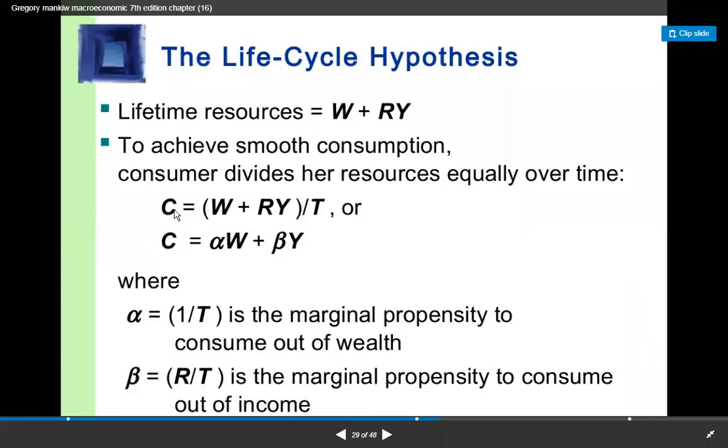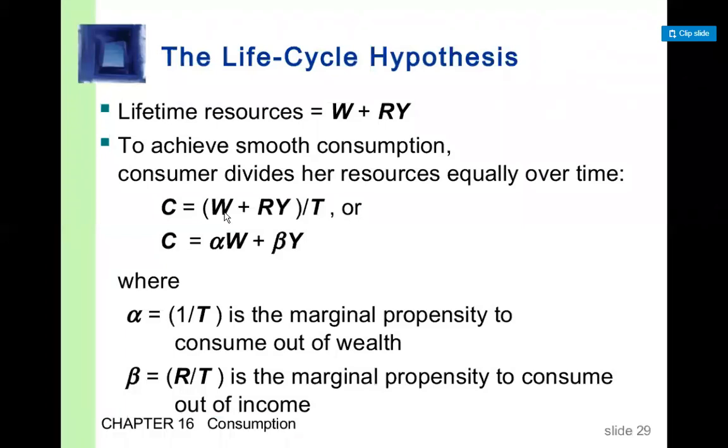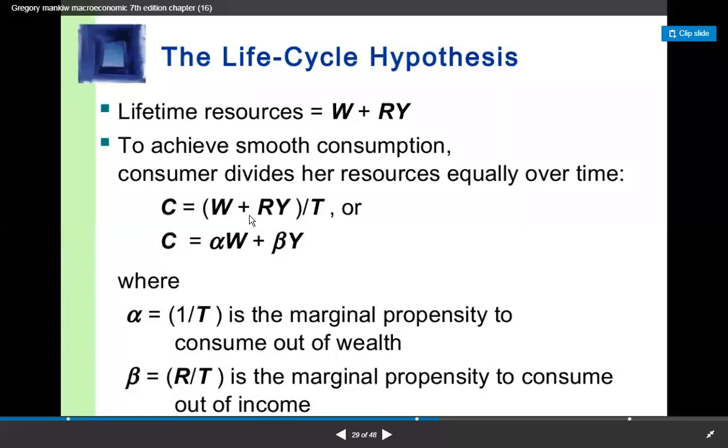So the smooth consumption level is equal to all resources divided by total lifetime, 70 years, 75 years. W plus RY is the total lifetime resources.